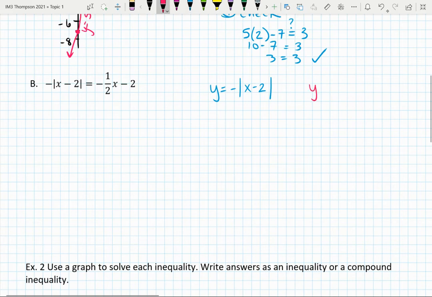And I'm going to set y equal to the right-hand side. Now solving this equation algebraically is still possible, a bit less obvious than the last one.